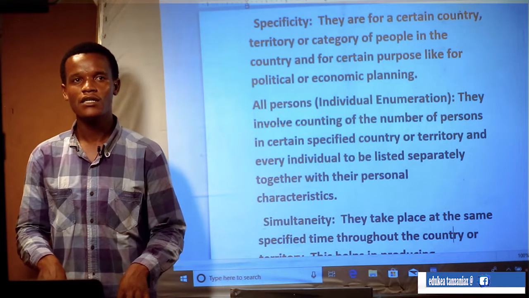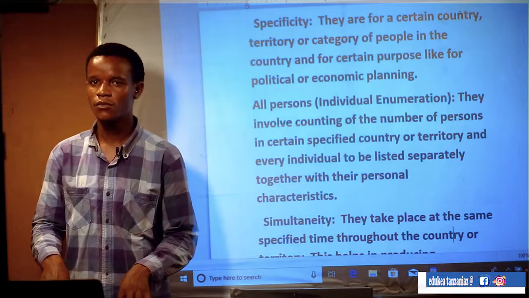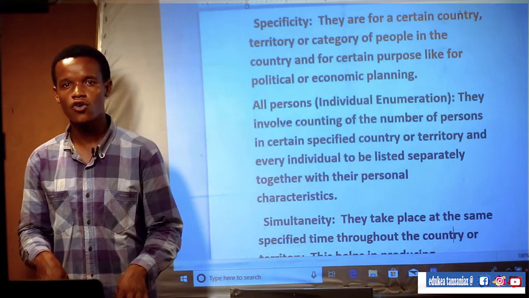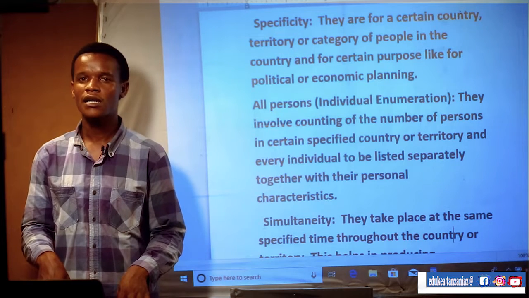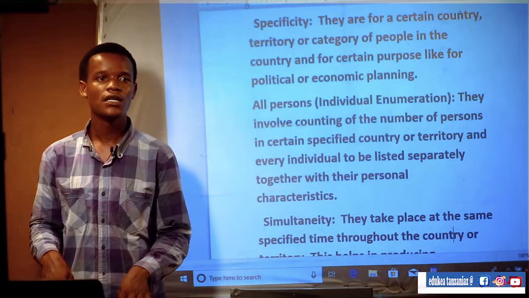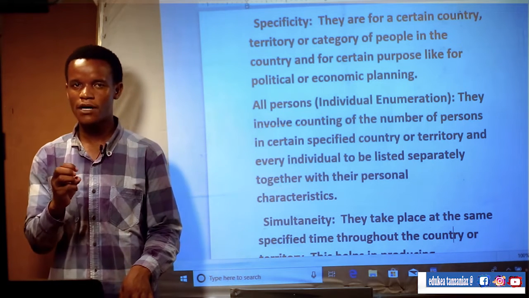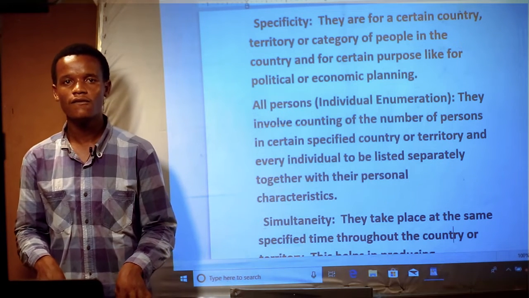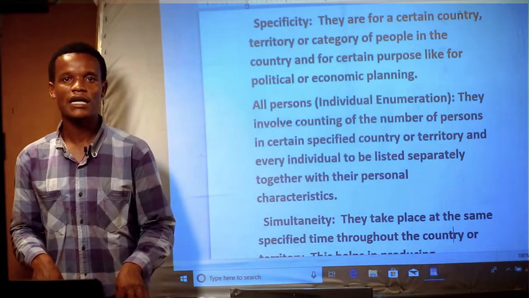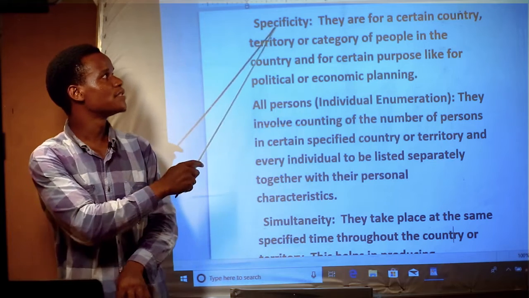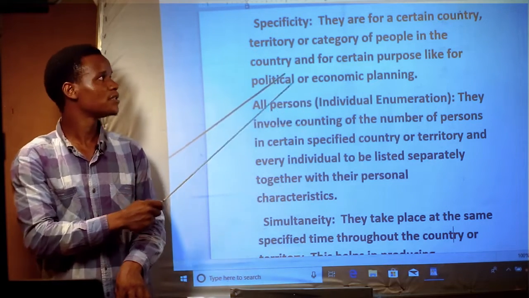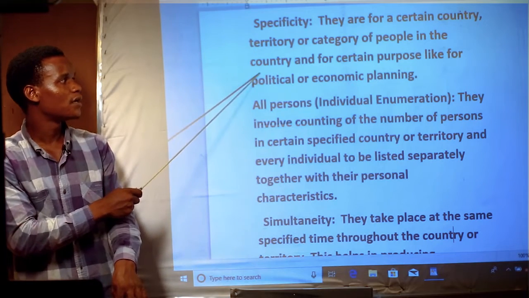For example, they use the information for planning the country's budget, planning the economy, and planning the infrastructure according to the information obtained from the census. So there is a specific purpose that leads to the conduct of a census. That's why we say census is characterized by specificity. There is a specific aim for conducting that census.